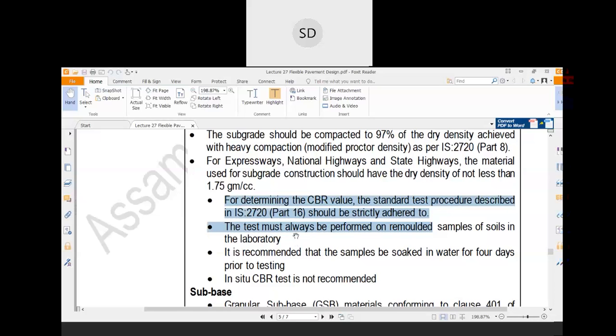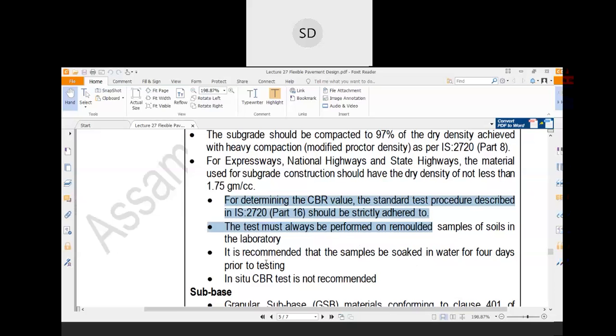The test must always be performed on remolded samples of soils in the laboratory, that is for the CBR test, and it is recommended that the samples be soaked in water for 4 days prior to testing. Now there are two types of CBR test, all of you know.